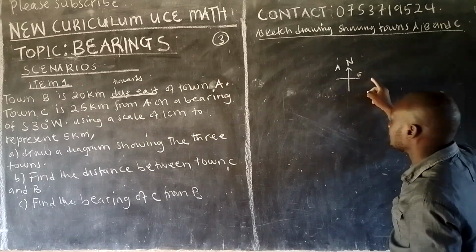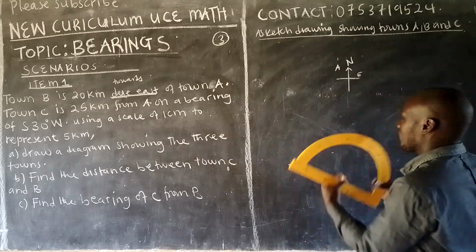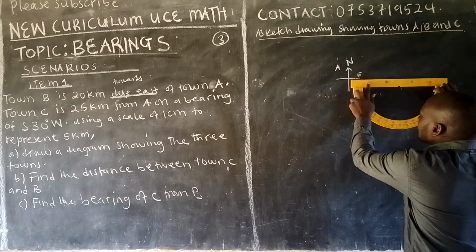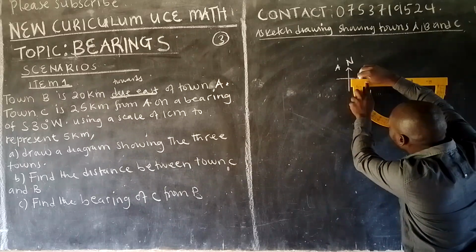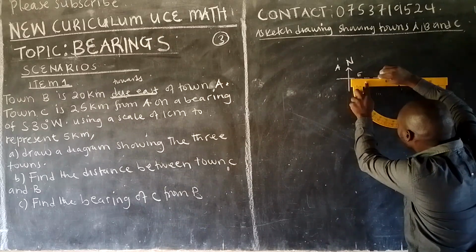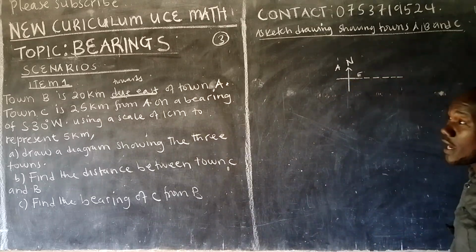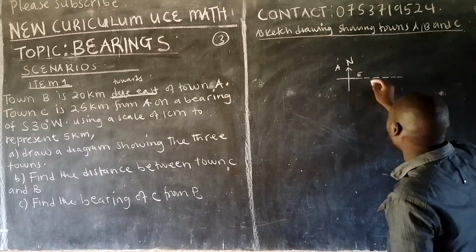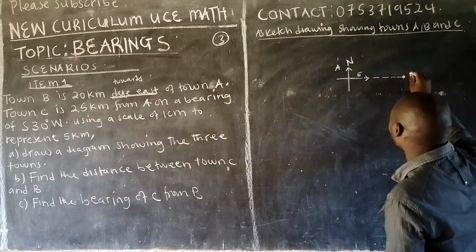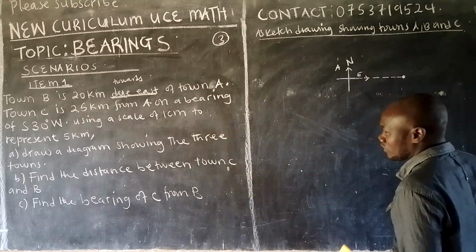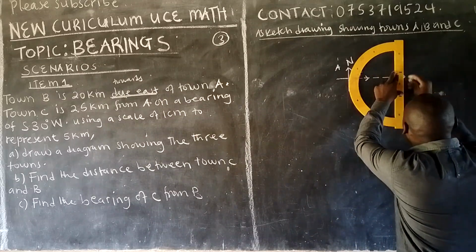So towards due east of town A, meaning that when you move in the direction towards the east of town A like this, in front there is where you find the town B. Allow me to use that line so that you can see that when you move in that direction, it means that in front here is where you will find your town B. Now for a sketch, you may not mind about what the distance is. So here is where you shall find our town B.